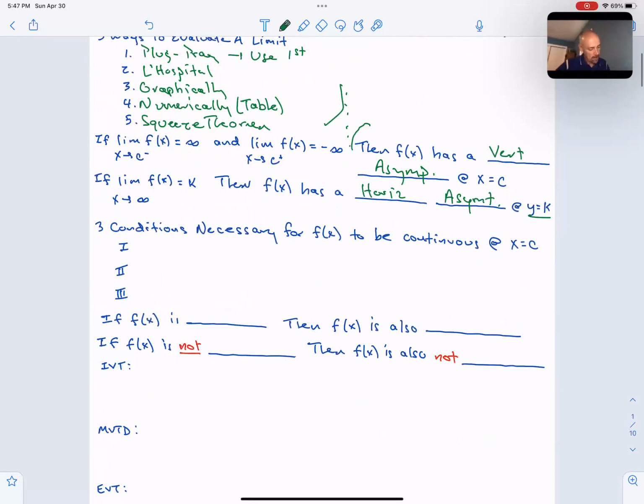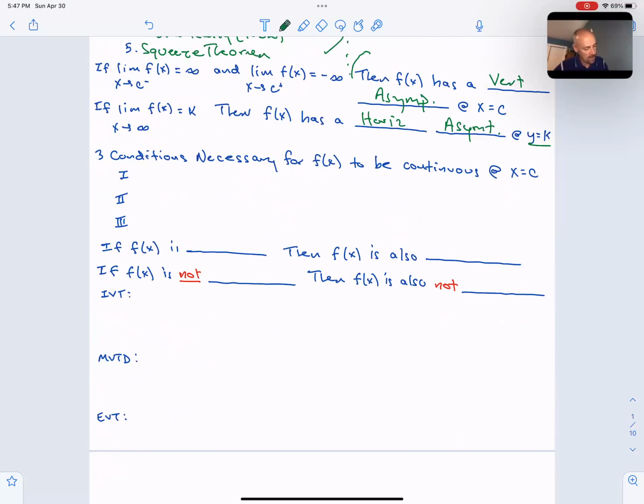3 conditions necessary for f of x to be continuous at x equal to c. This is big. A lot of times the way they'll test this is with a piecewise defined function, and they're asking you if the function is continuous right at the point in its domain where it changes from one branch to another.